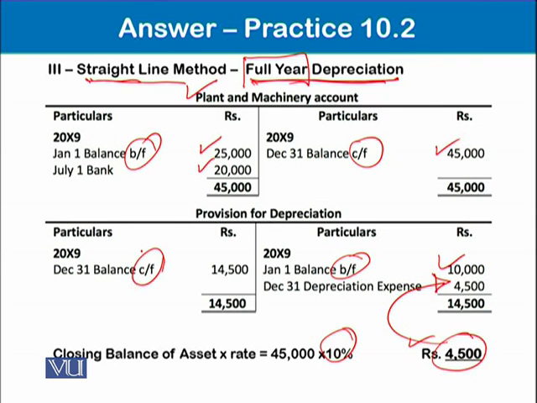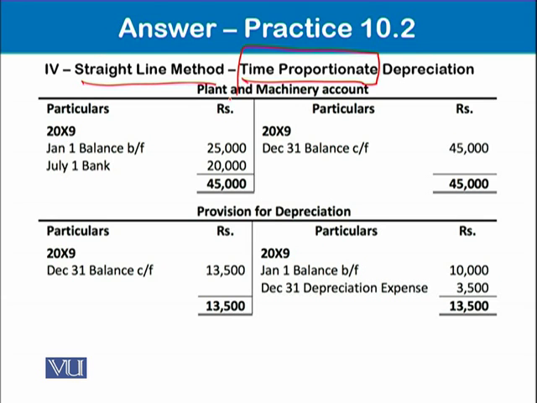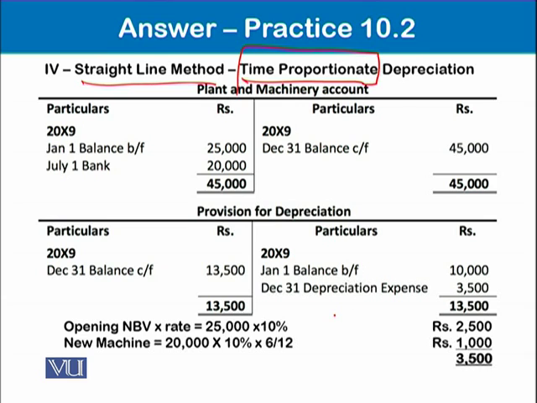Please be careful. The next scenario is straight line method and time proportionate. Well, so the depreciation is calculated over here for this 25,000 means for the opening balance for the full year. But for this new asset for the time proportionate.